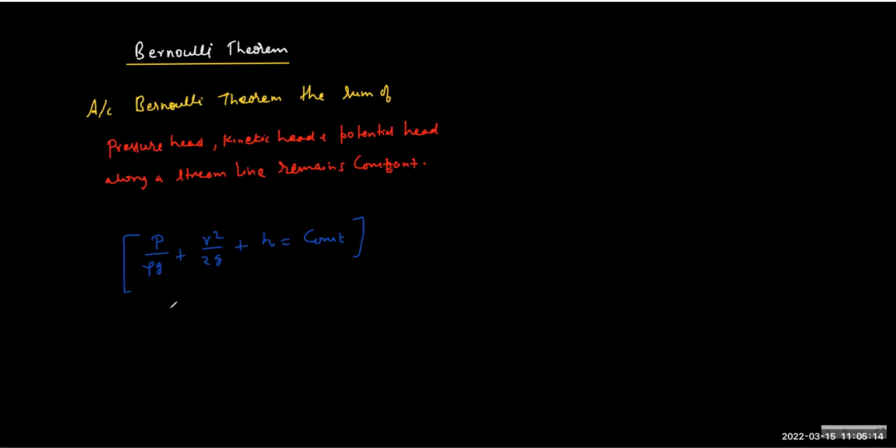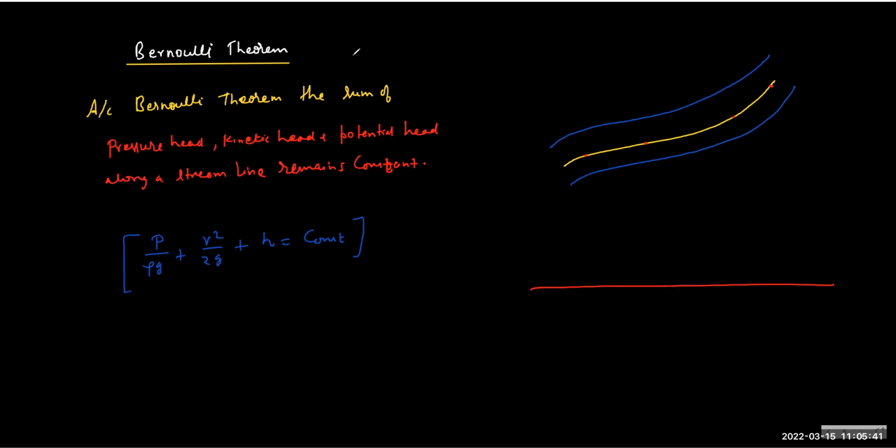this is the statement of the Bernoulli theorem: if you follow a particular streamline, in some random tube, and you pick some streamline which is part of the tube, and you walk through this streamline, no matter where you go, if you draw some reference line, then this is called the H, or the height.